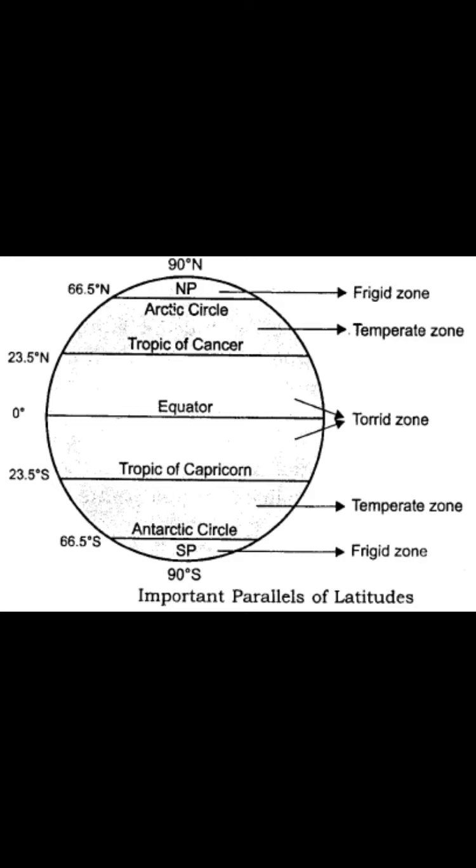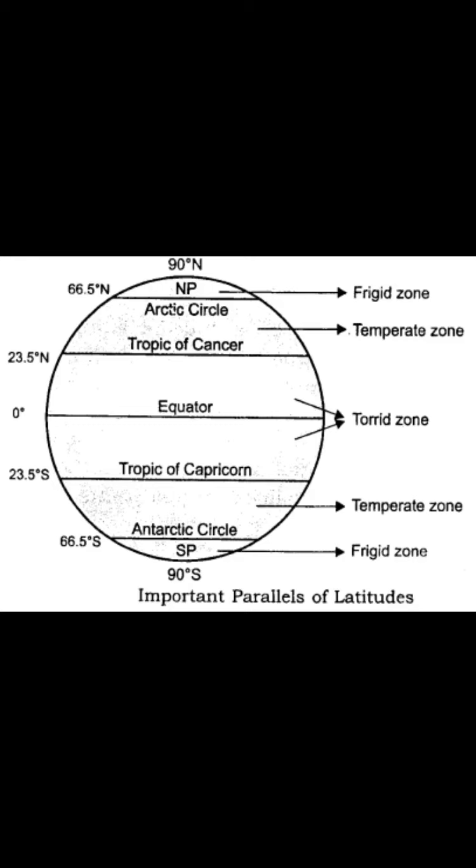The length of the latitude decreases as we go away from the equator towards the pole. You can see over here, students, near the North Pole, the 66.5 degree north latitude is very small in length, whereas the equator 0 degree latitude is the largest latitude. The equator is the longest latitude while the poles are the shortest.